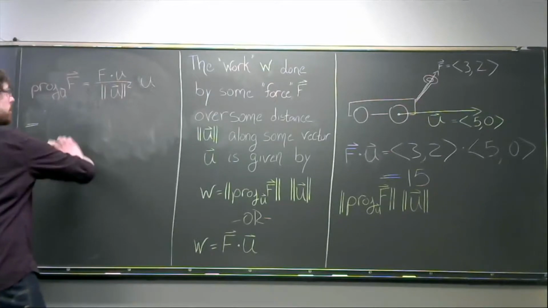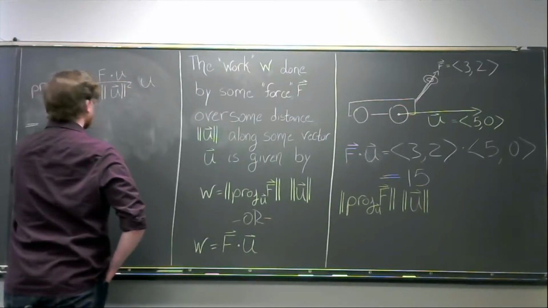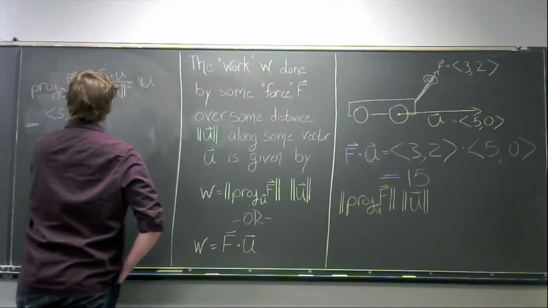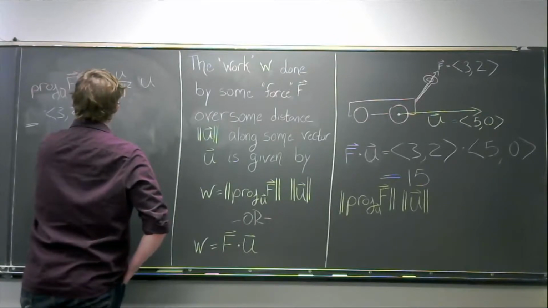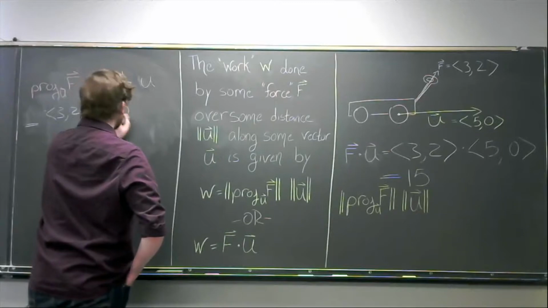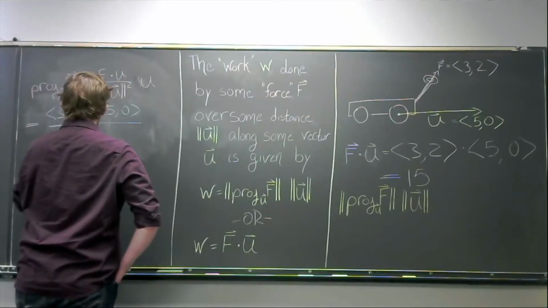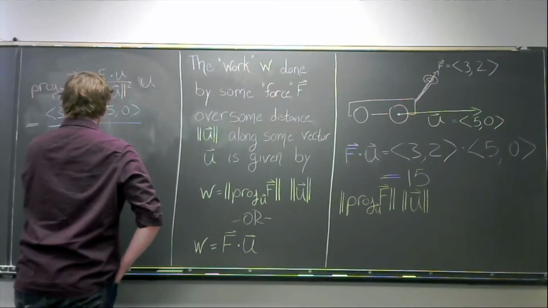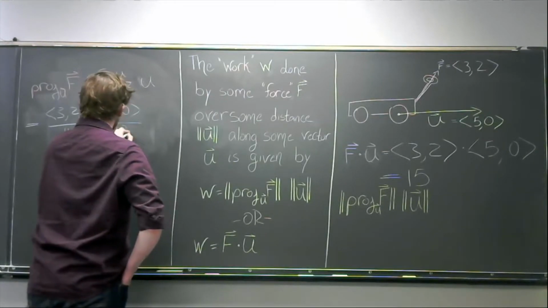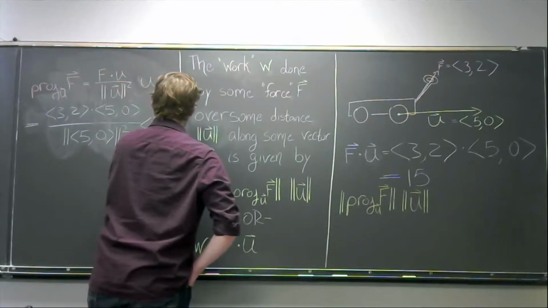Why am I rewriting this? Let me actually just write it out in component form. We got 3, 2 dot 5, 0 over the magnitude of 5, 0 squared times 5, 0.